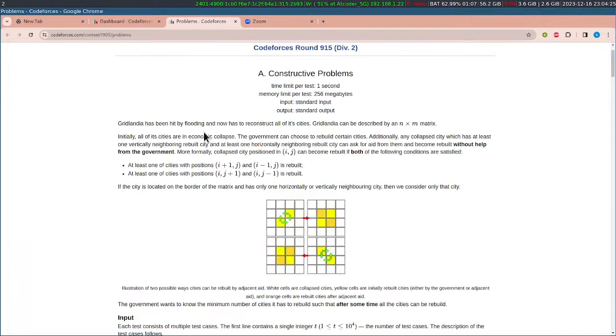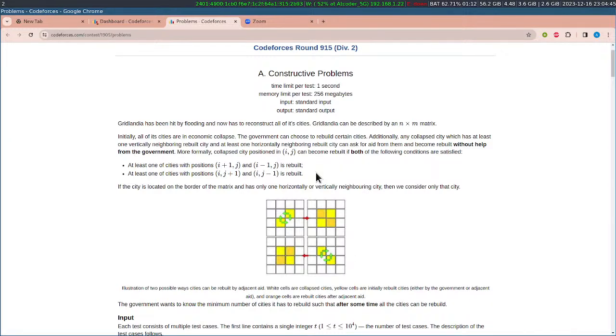If we look at these conditions carefully, what we can see is that for a particular city to be automatically rebuilt, at least one city in that row should be rebuilt, and similarly at least one city in the column should be rebuilt. If this condition is satisfied, then everything would be automatically rebuilt.